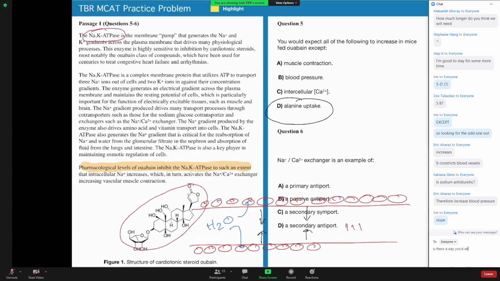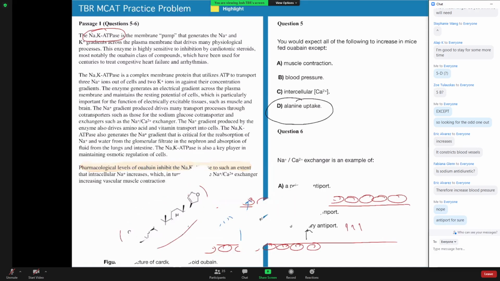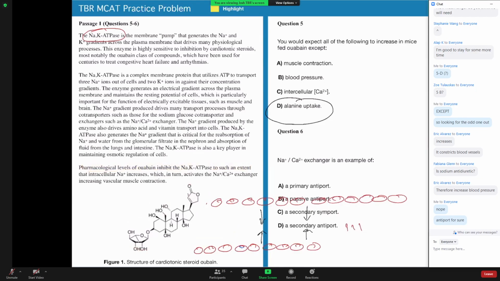Okay, what about question 6? This one should be a little more straightforward. Maybe I should erase this stuff. It's an antiport for sure. Great, so we can get rid of symport. Is it directly burning ATP?